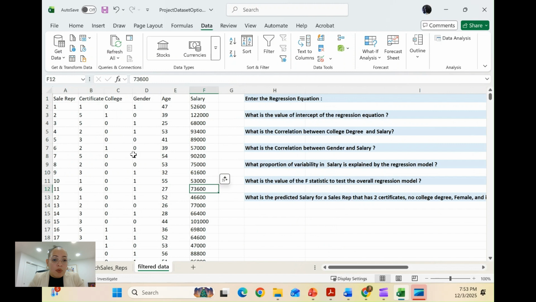I have already copied and pasted some of the variables that I would like to include to predict my salary. A really important part of this process of the regression analysis is that we can only use numerical information.